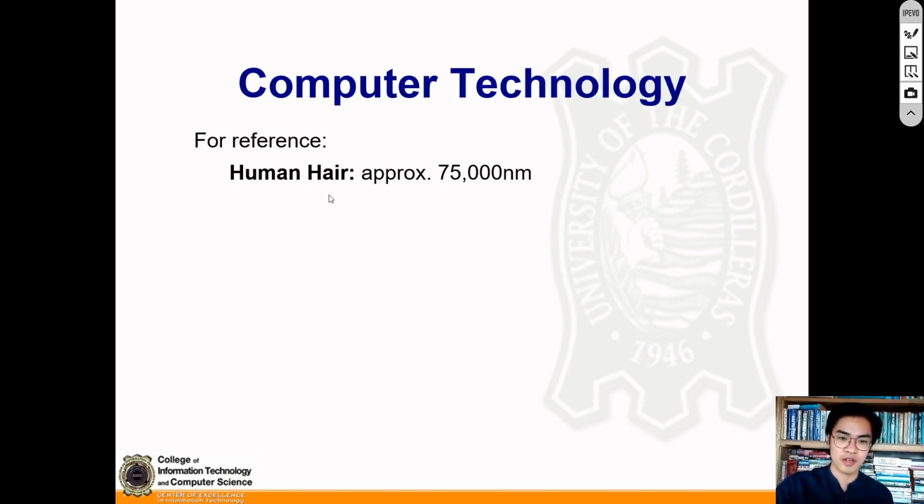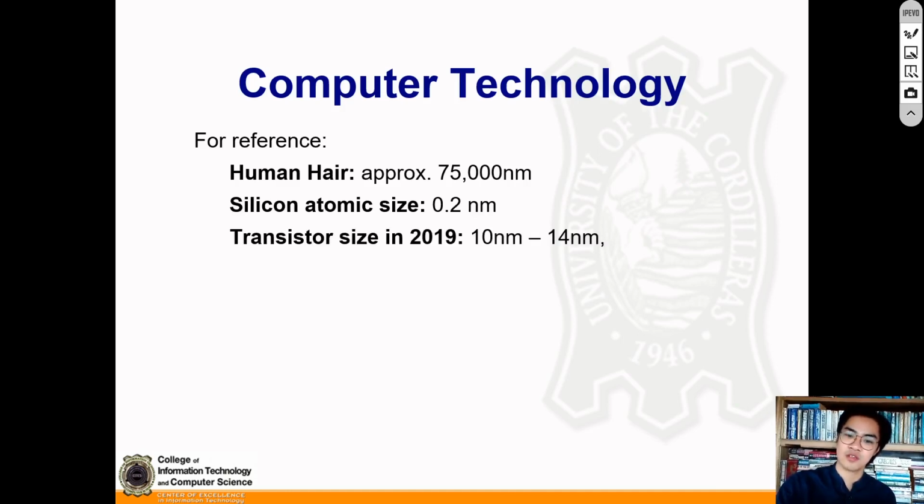For reference, the human hair is approximately 75,000 nanometers. Currently, we're using silicon as the main element for our transistors, and the atomic size of silicon is 0.2 nanometers. Through continuous improvements, the transistor size in 2019 has been reduced to 10 to 14 nanometers. So we're getting closer and closer to the atomic size of silicon.